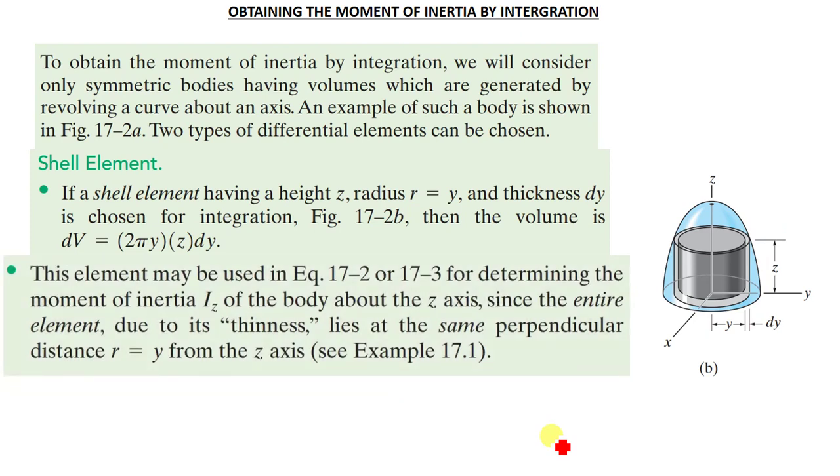So the element may be used in equation 17.2 or equation 17.3, which is the equation I showed you here: the moment of inertia is equal to rho times the integral of r squared dv.